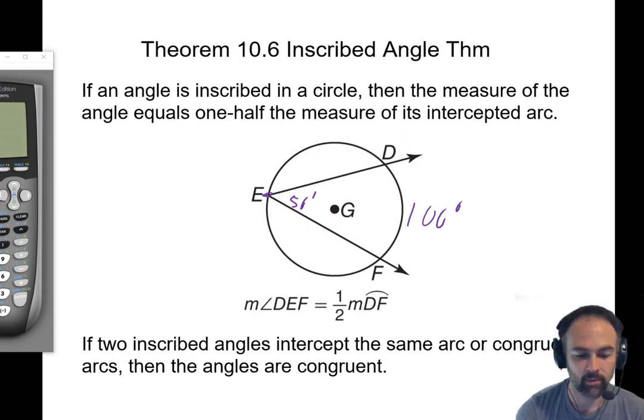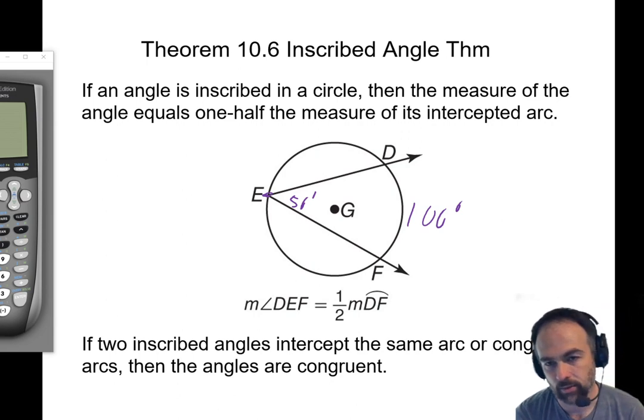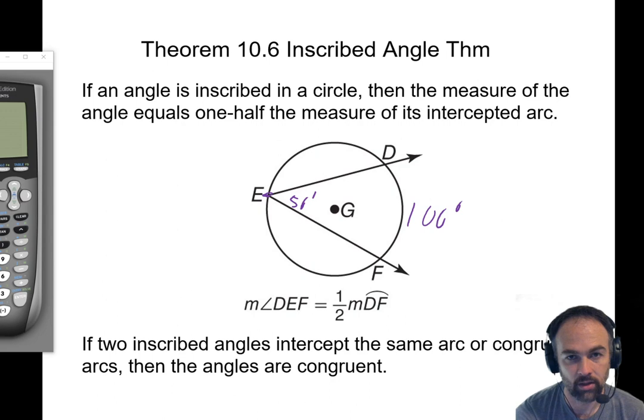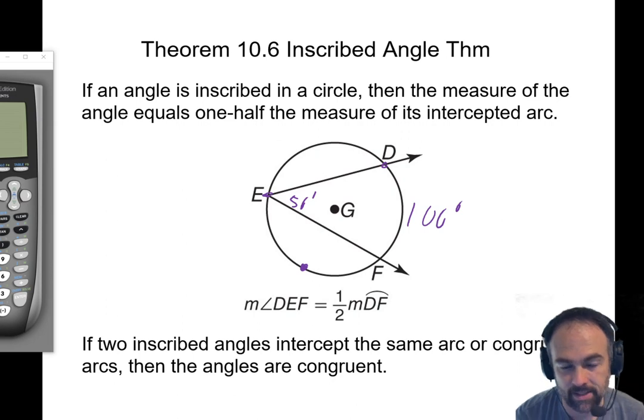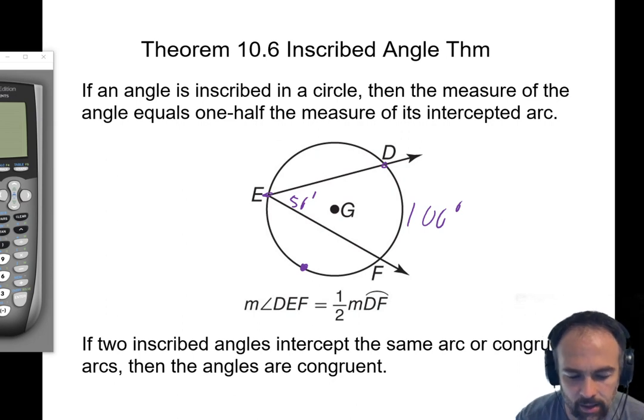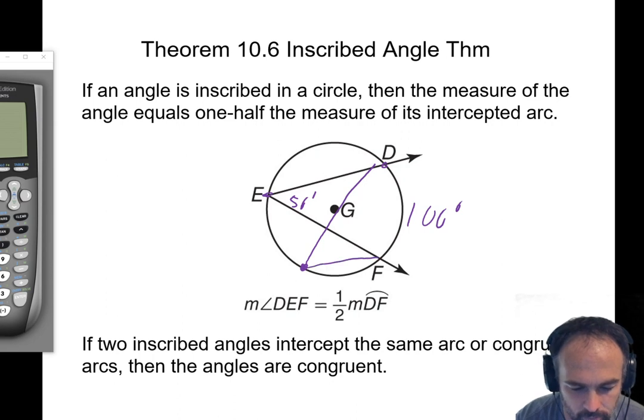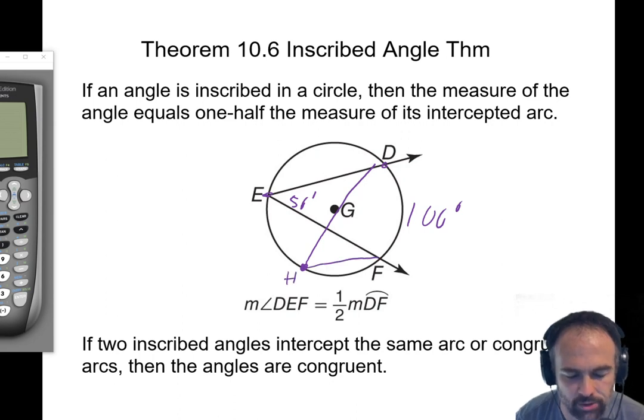Okay? Works the other way around. If angle E is 50, then arc DF is 100. Now, like I said earlier, it doesn't matter where on the circle I place the vertex. Let's call this point H over here.